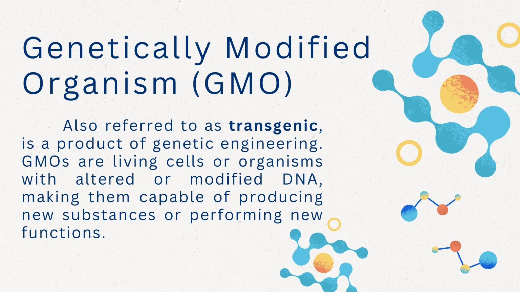GMOs are living organisms with altered or modified DNA, making them capable of producing new substances or performing new functions. It is also an animal, plant, or microbe whose DNA has been altered using genetic engineering techniques. For thousands of years, humans have used breeding methods to modify organisms. Corn, cattle, and even dogs have been selectively bred over generations to have certain desired traits.